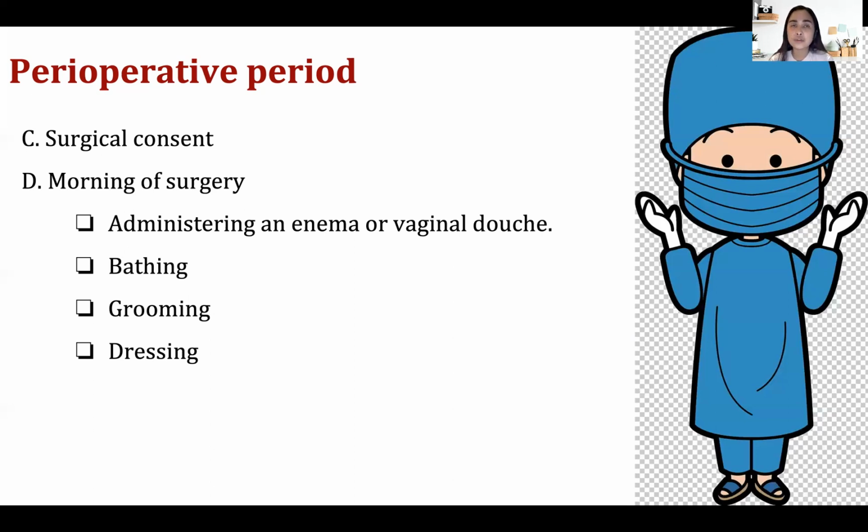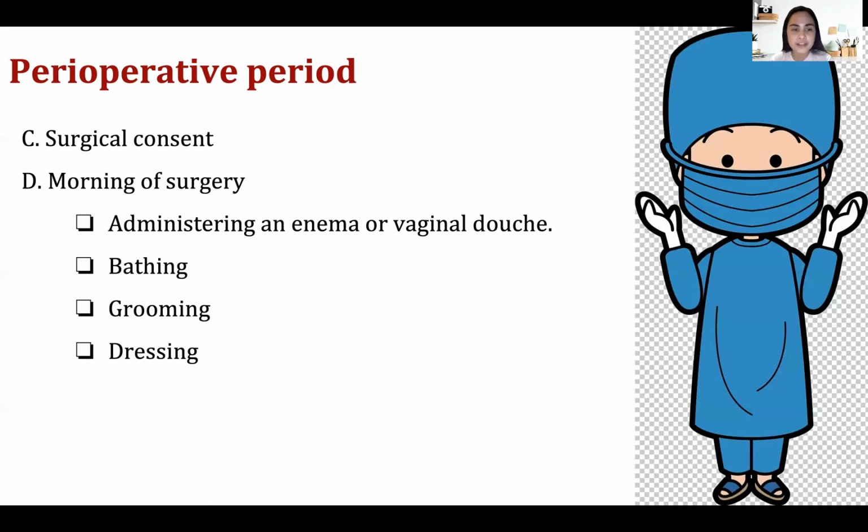It's because we need to clean the bowel of the patient. We need to clean the vagina of the patient so that the operative site will not be contaminated with any stool or any vaginal discharge.